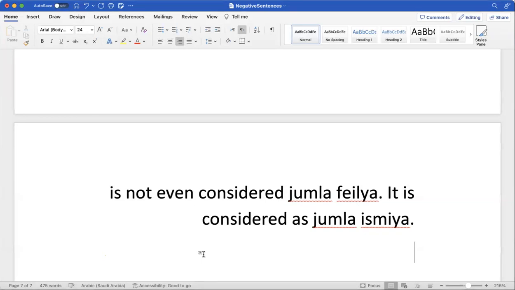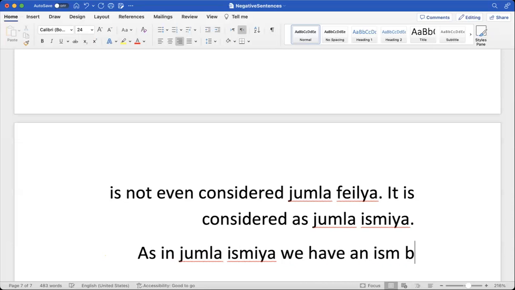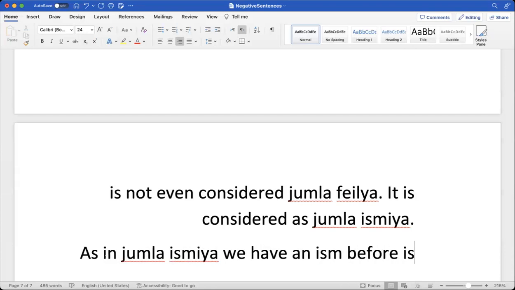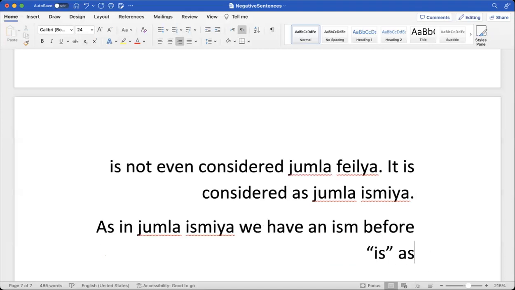So, as in Jumla Ismiya, we have a word, an ism, before is, right? As Mubtada, and after is, so this can be is or whatever, okay?